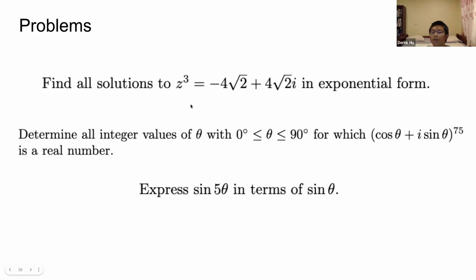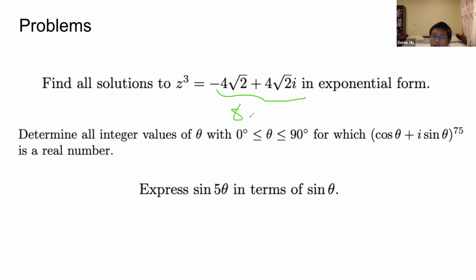All right, so for z cubed equals negative 4 root 2 plus 4 root 2 i, in exponential form. We first find this in exponential form. So first is the magnitude, and the magnitude of this is 8.